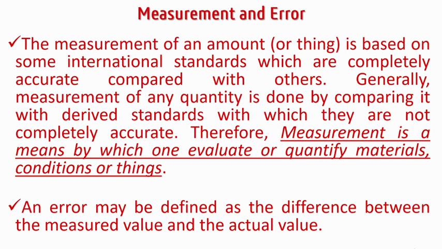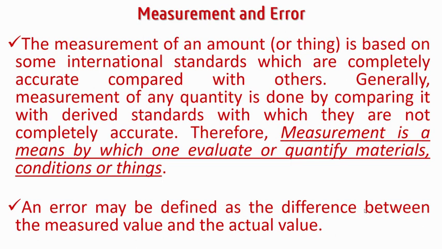Generally, measurement of any quantity is done by comparing it with a derived standard with which they are not completely accurate. Therefore, measurement is a means by which one evaluates or quantifies material or conditions or things. Then an error may be defined as the difference between the measured value and the actual or true value.